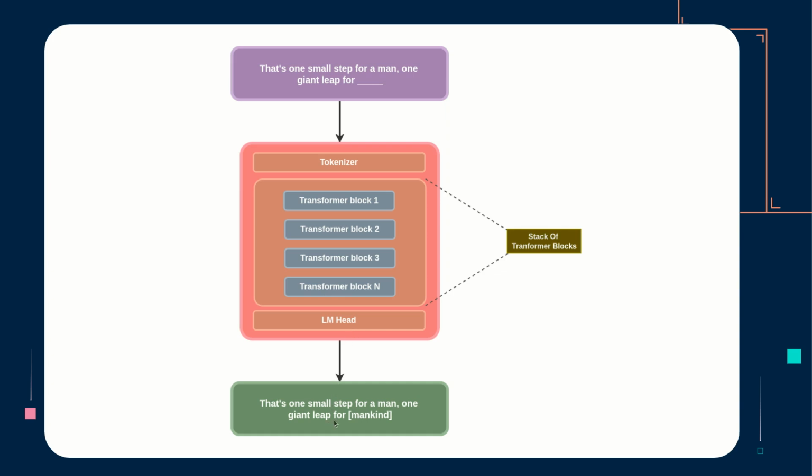And then finally you get the predicted word, right? These are called a stack of transformer blocks. That's basically what they are. Okay, so don't worry so much about this diagram. Just know that for our Transformer LLM, which is this area right here, we have the tokenizer, we have the transformer blocks, and then you have the LLM head, which does the final prediction of the next word.